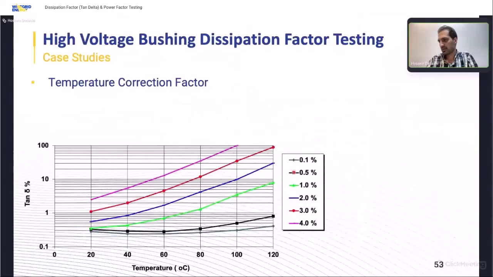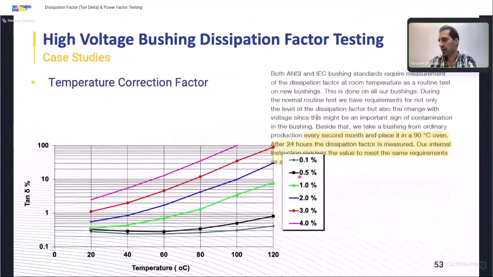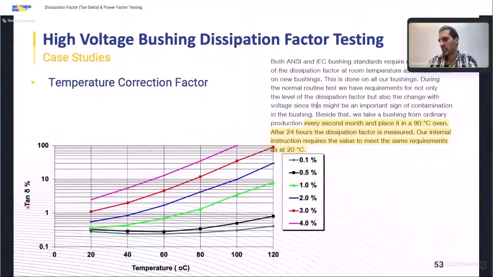But please take care that these temperature correction factors are for bushings normally with 0.5% moisture. What does it mean? Here you see a tan delta variation with temperature for an OIP bushing at different levels of moisture. This curve comes from ABB.